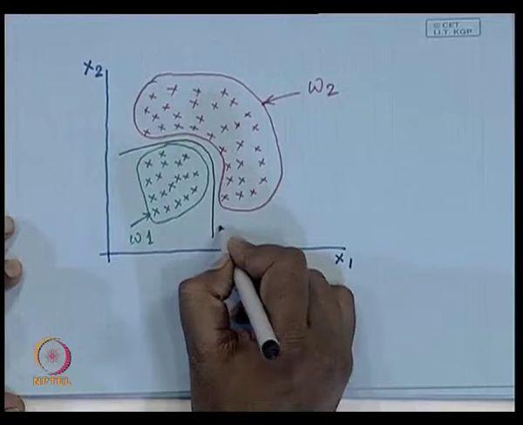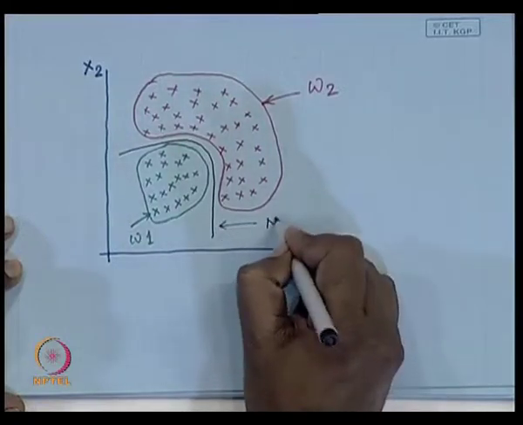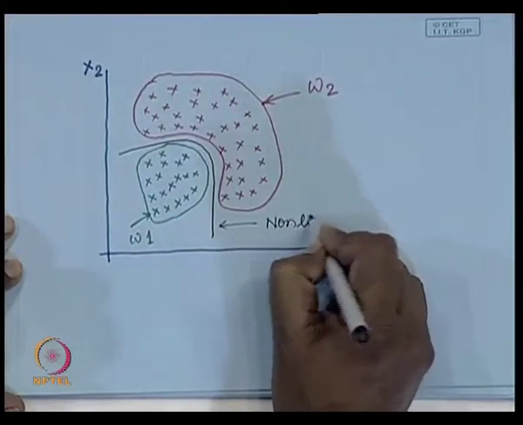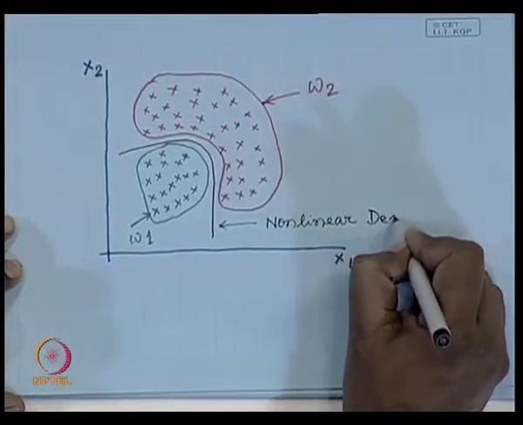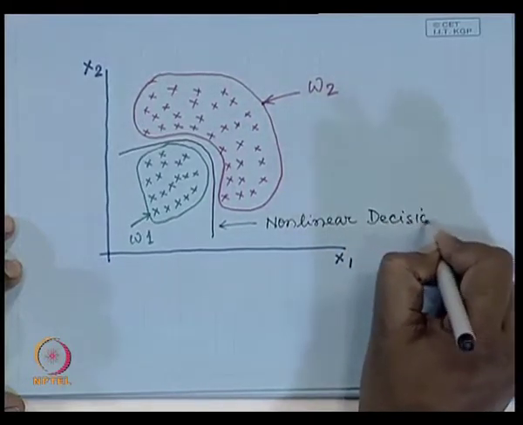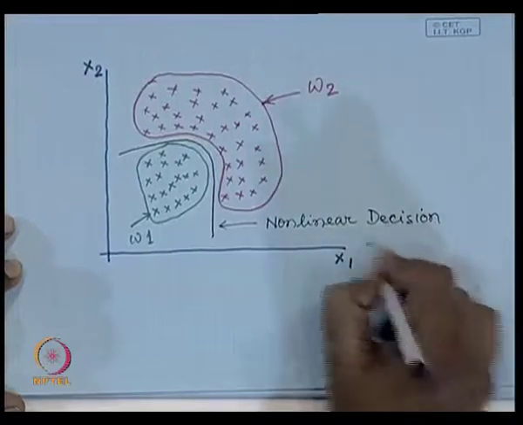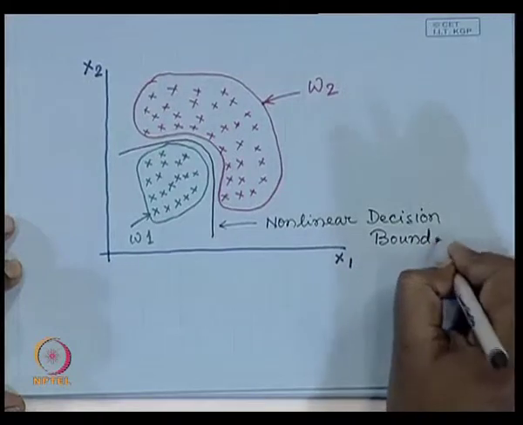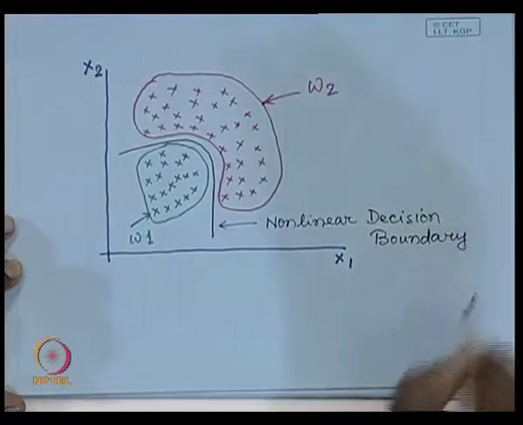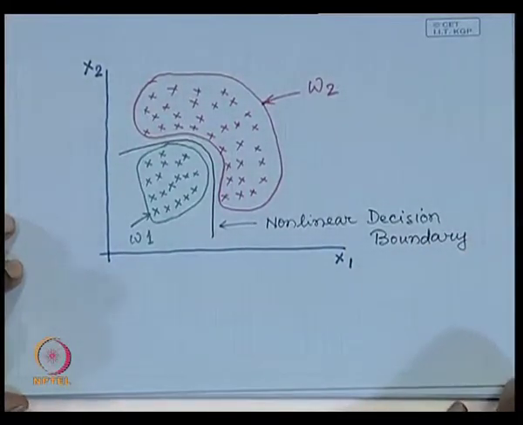Okay. So, I have to have a nonlinear decision boundary. And we say that the classes are not linearly separable.